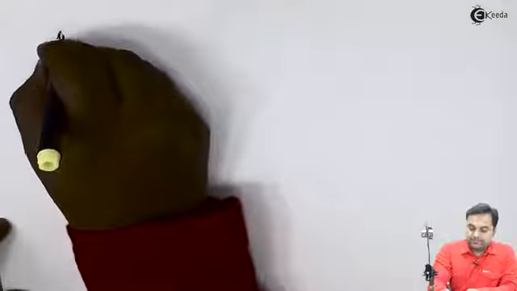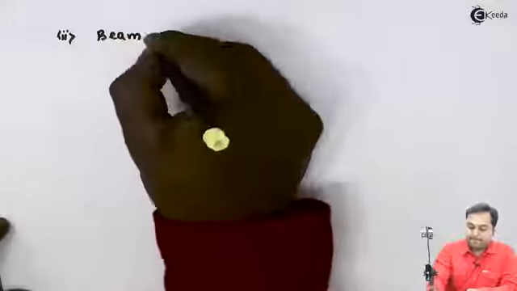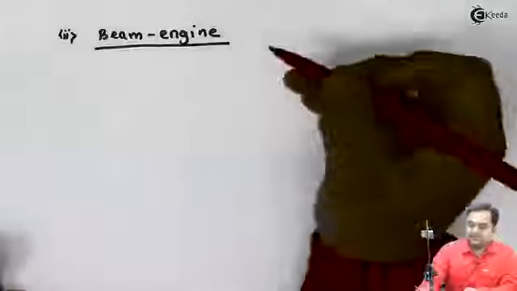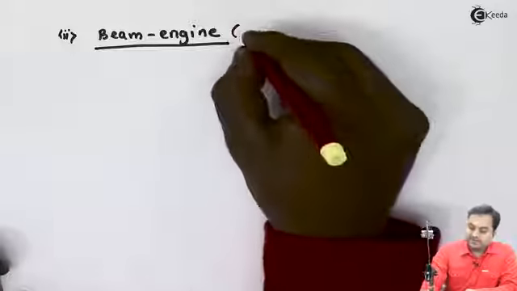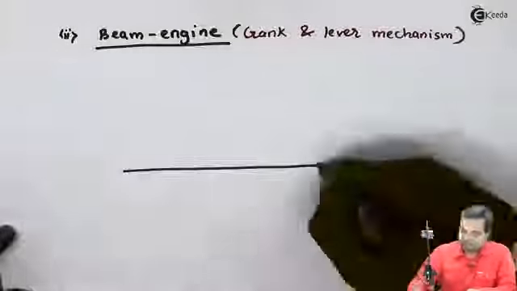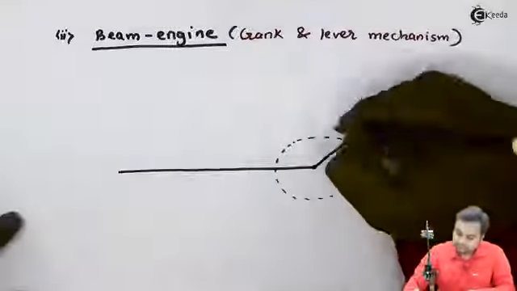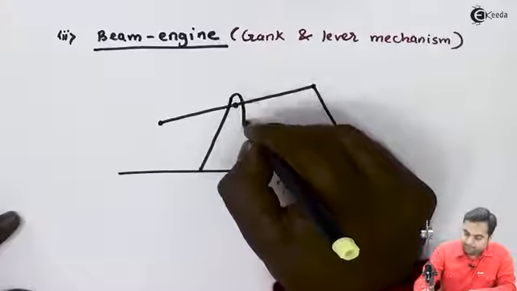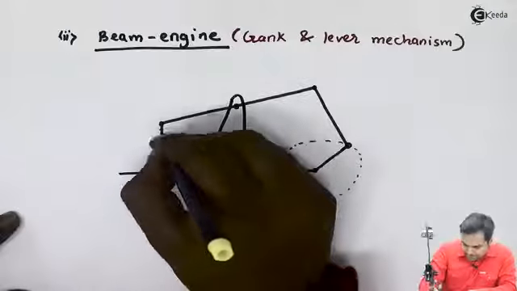Next, let me give one more example for this, which is called a beam engine. I'll draw the diagram for that. This beam engine is also an example of a 4-bar chain. The other name for beam engine is crank and lever mechanism. Here we have the diagram of a beam engine.